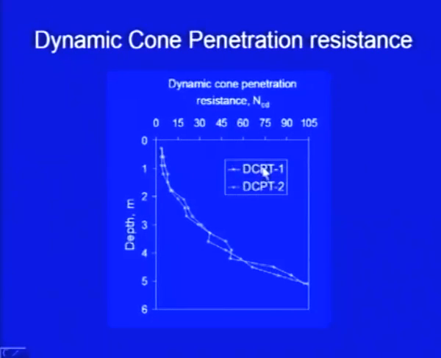These were two tests we conducted very close to each other. You can see the values at 30 centimeter interval are varying almost in the same manner with depth. This is the way the values are represented or plotted.